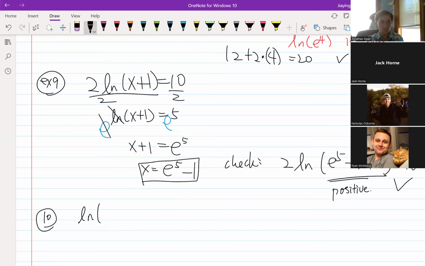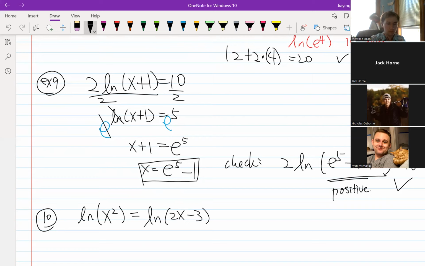I have natural log of x squared equals natural log of, let's see, I have to change the problem a little bit to make it work, 2x minus 3. Well, okay, that's the equation, right? It's a pretty nice equation because we have a log on each side. There's nothing else. It's pretty nice and clean.